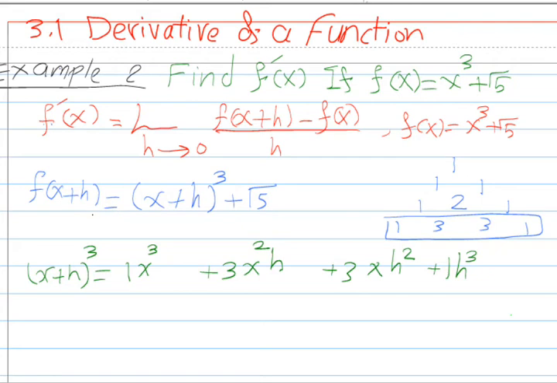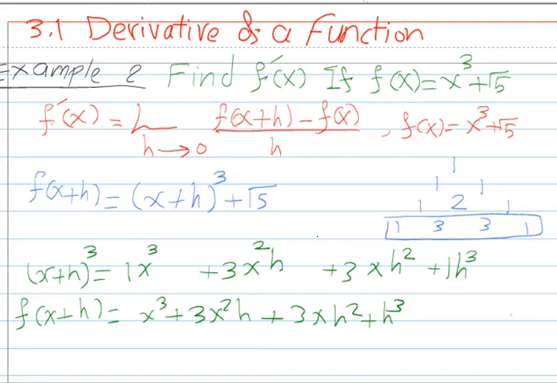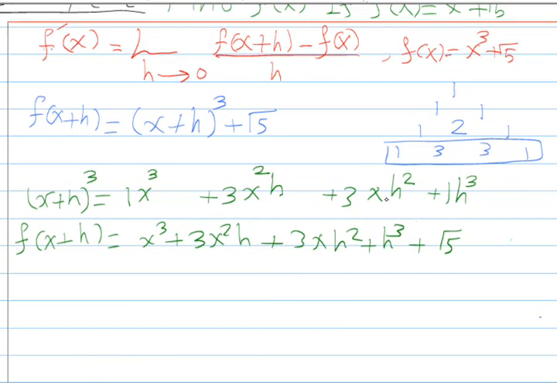Now let's calculate f of x plus h. F of x plus h equals x plus h power 3, which is x cubed plus 3 x squared h plus 3 x h squared plus h cubed plus radical 5. Now let's substitute in our formula.